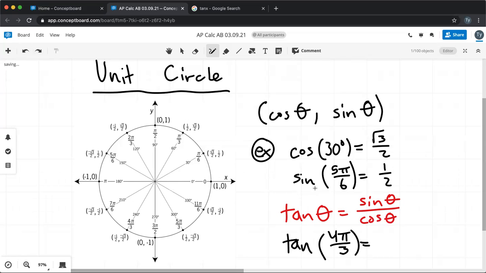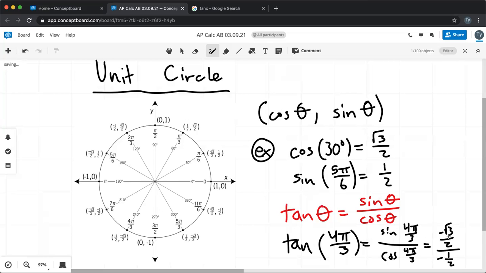Okay. So tangent of 4 pi over 3, well, that's sine of 4 pi over 3 over cosine of 4 pi over 3. Sine 4 pi over 3 is the y coordinate at 4 pi over 3. So we have negative root 3 over 2 divided by cosine at 4 pi over 3, which would be negative 1/2.